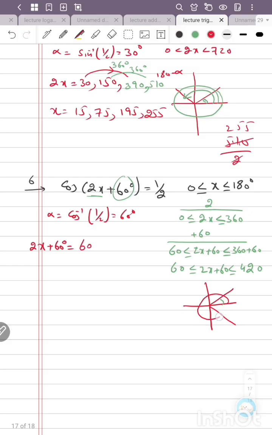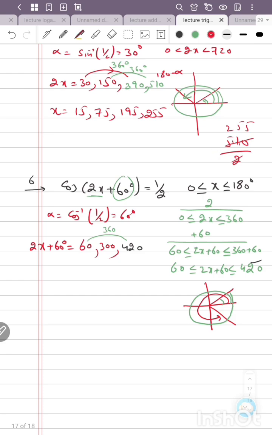Now when we move from first quadrant to the fourth quadrant, 360 minus 60 gives 300. Because our interval goes to 420, we move more. We complete this one circle and then add 60, so we add 360 and get 420, and 420 is our last limit. So there is no need to move forward.